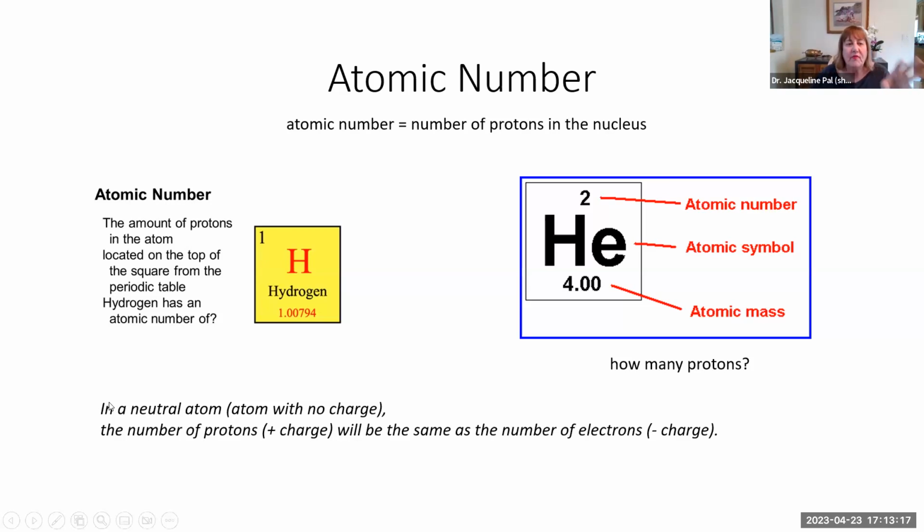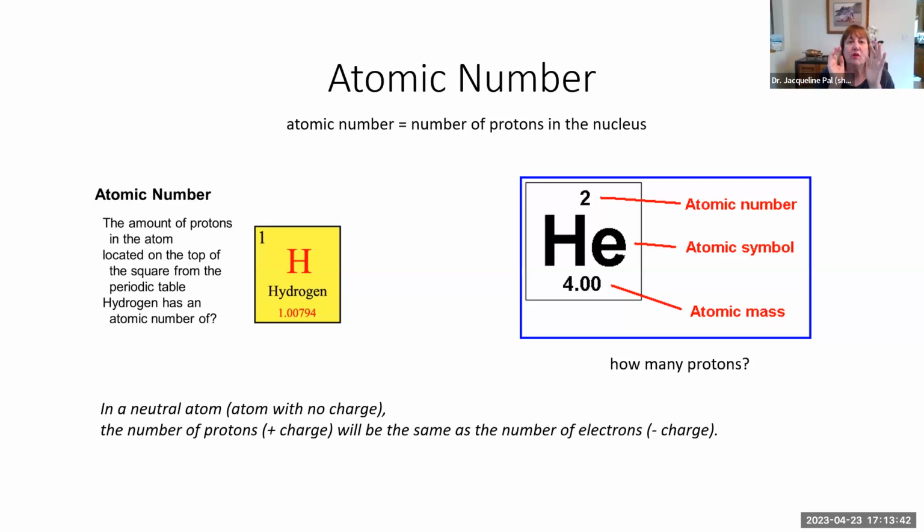So what this means is, in an atom with no charge, a neutral atom, and that's how they are in the periodic table, the number of protons, in other words the number of positively charged particles, will be the same as the number of negatively charged particles. Does that make sense? The only way it could be neutral is if the pluses and the minuses add up and cancel each other out.